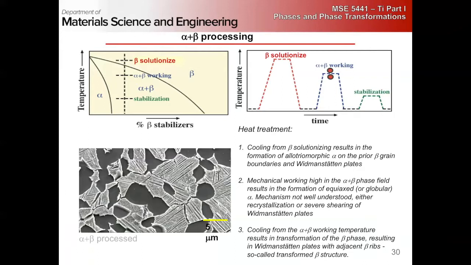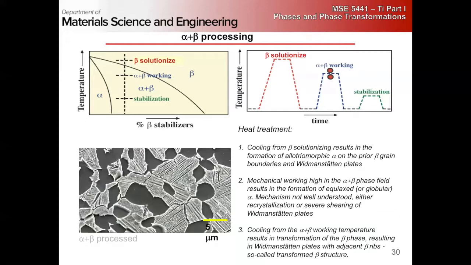So it's either recrystallization, or my personal opinion is it's spheroidization caused by extreme shearing of the alpha laths that then form a new grain, and then essentially the cooling from here develops the colony or basket weave structure, just as cooling from the beta processed, and then the stabilization treatment is held.